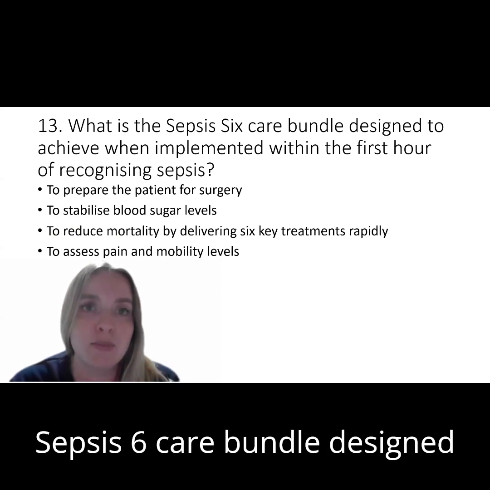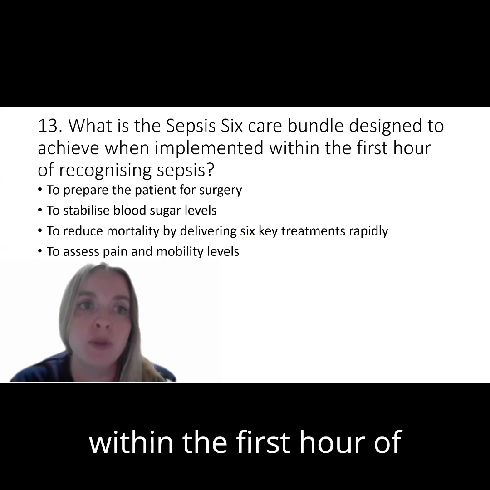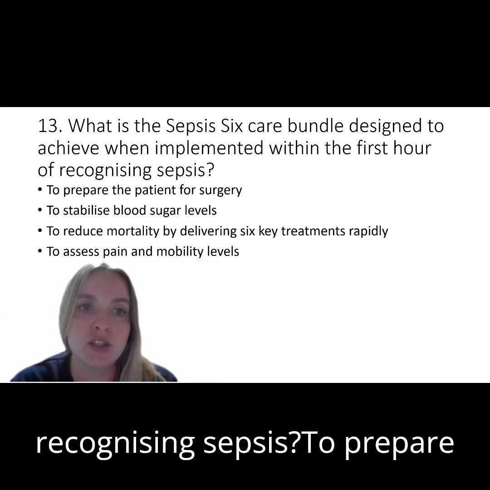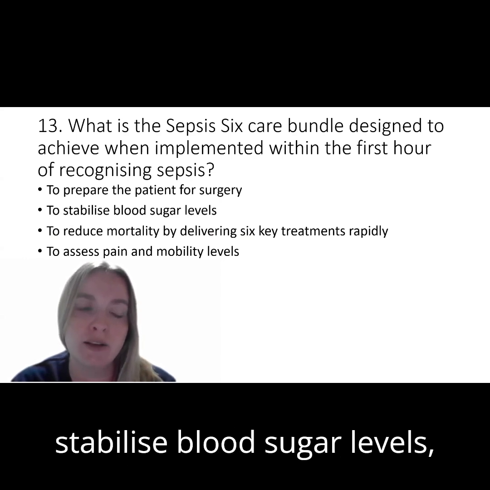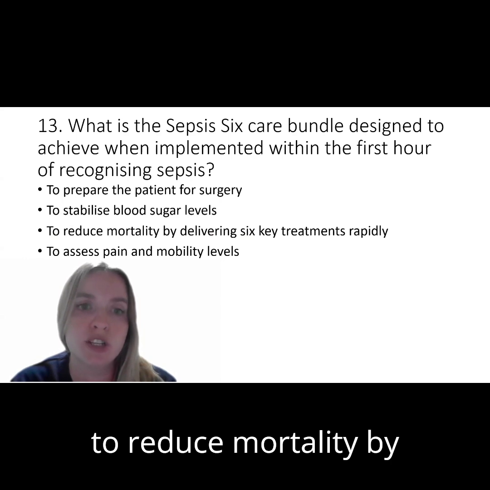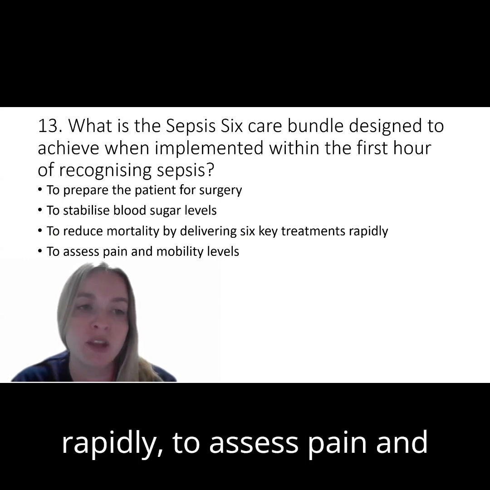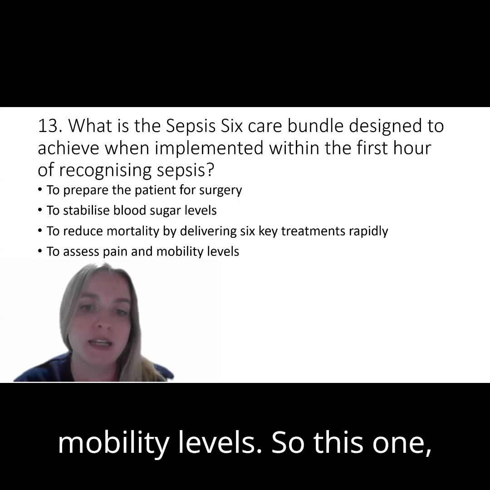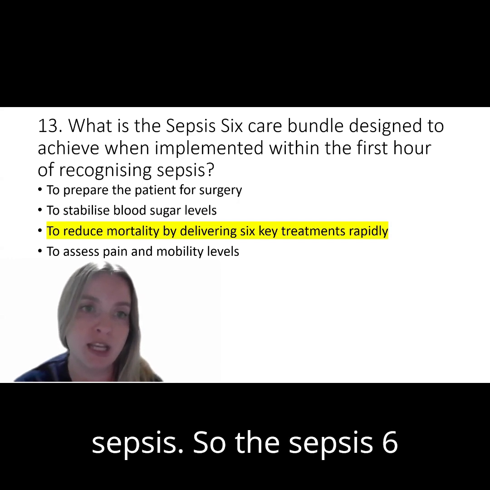What is the Sepsis 6 care bundle designed to achieve when implemented within the first hour of recognizing sepsis? To prepare the patient for surgery, to stabilize blood sugar levels, to reduce mortality by delivering 6 key treatments rapidly, to assess pain and mobility levels. So this one, obviously, it is about sepsis.